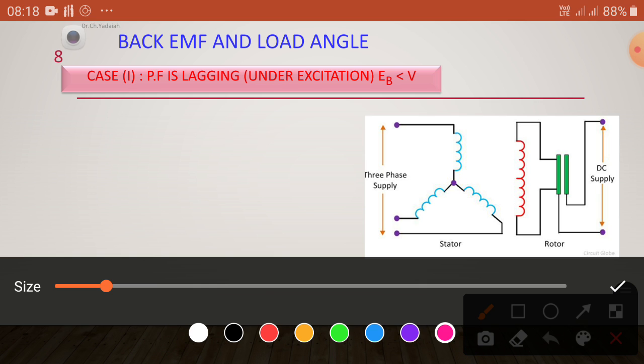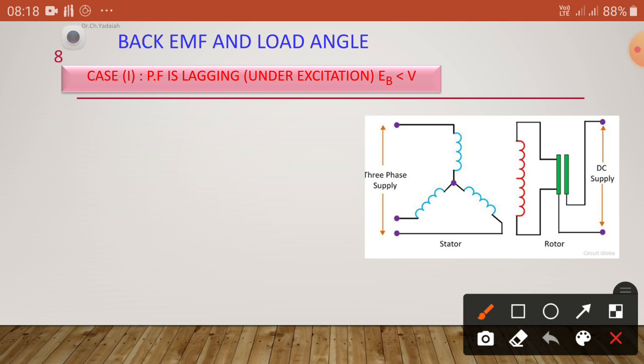Once again, because the vector diagram is very important, if you understand it well, good; otherwise there is a possibility of confusion.